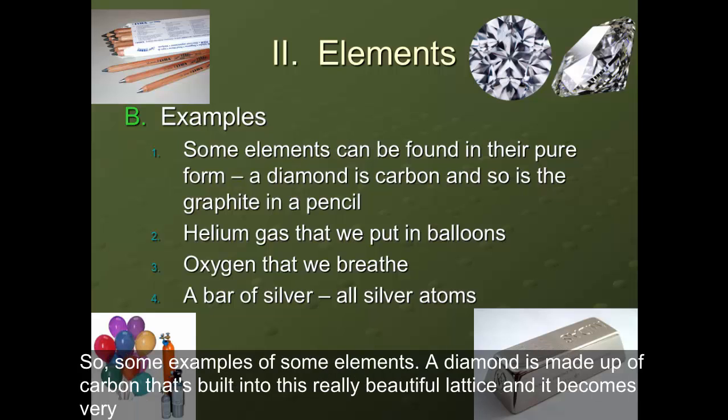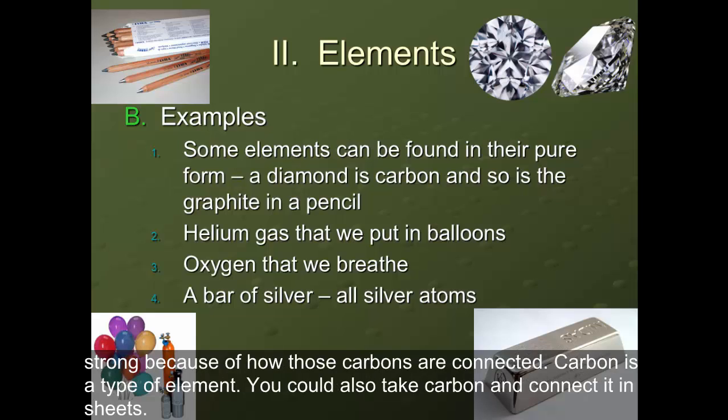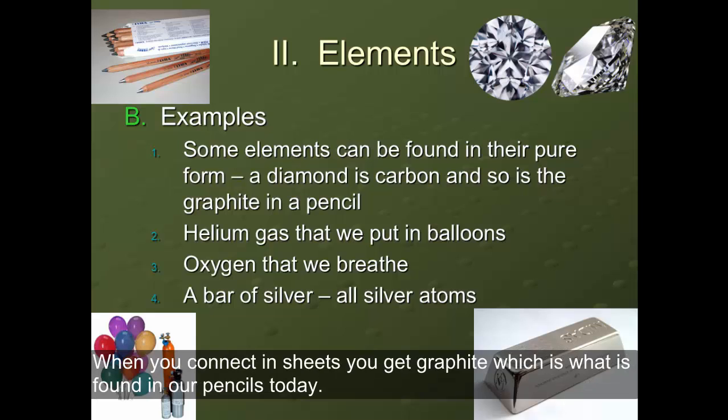So, some examples of some elements. A diamond is made up of carbon that's built into this really beautiful lattice, and it becomes very strong because of how those carbons are connected, and carbon is a type of element. You could also take carbon and connect it in sheets, and when you connect it in sheets you get graphite, which is what is found in our pencils today.